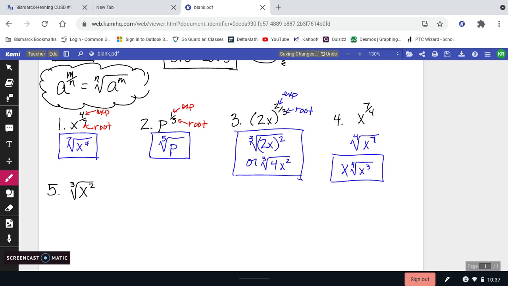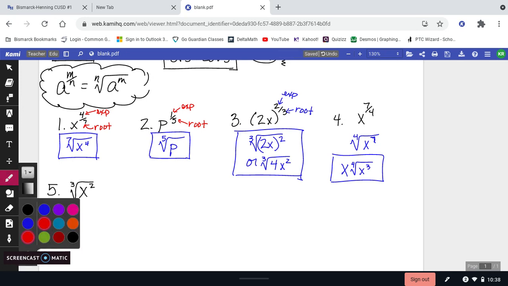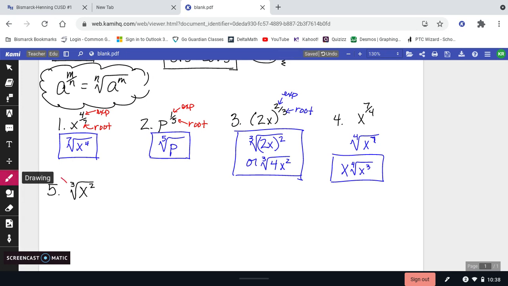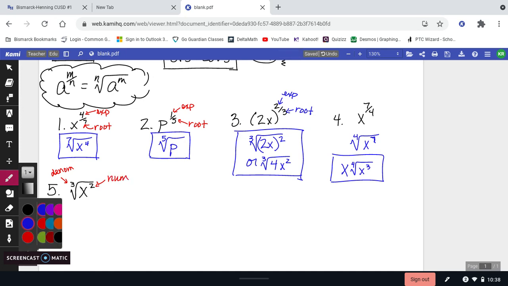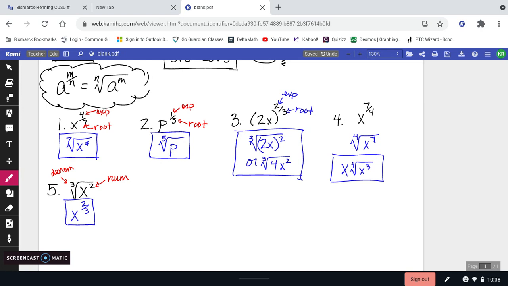Rewrite that as a rational exponent. We're just doing the reverse of what we did before. That root came from the denominator. The exponent came from the numerator. So if I rewrite this, this is going to be x to the 2/3 power.